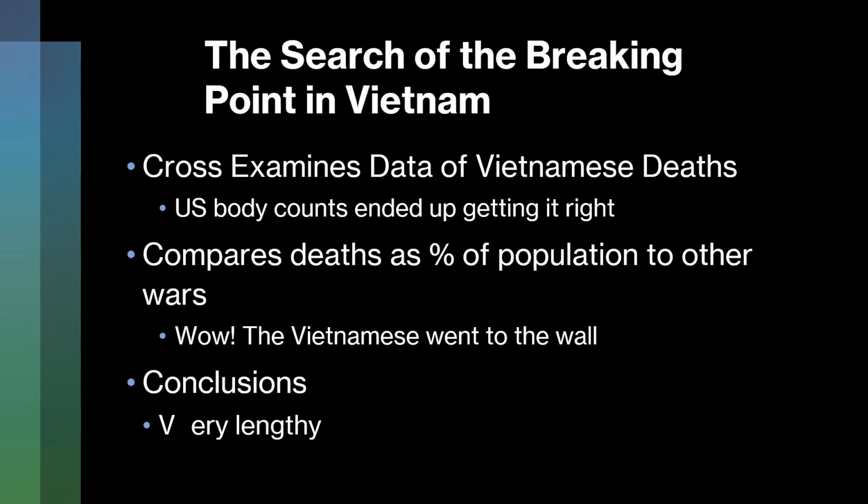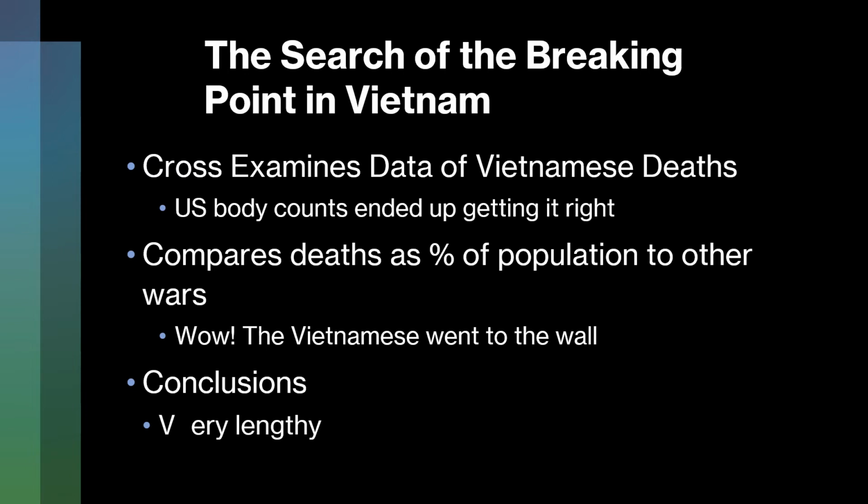And Mueller goes in, and the paper's broken up. First, he tries to get a number. And so a lot of the paper is devoted to measuring one variable, Vietnamese battle deaths, as the result of the U.S. war, of the U.S. actions.